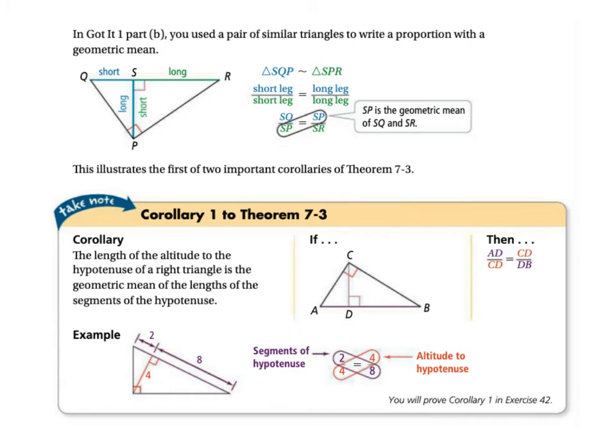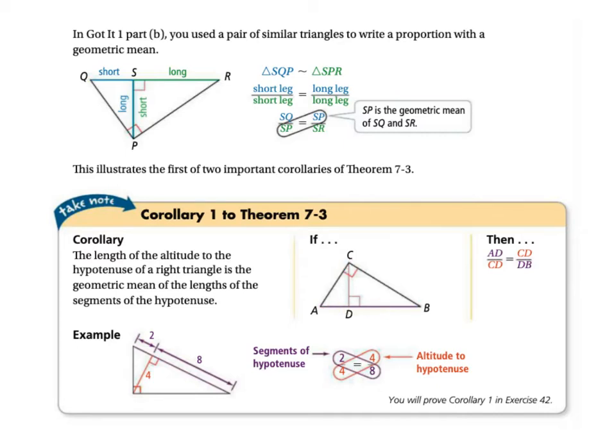So that illustrates the first of two corollaries. It's theorem 7-3. It says the length of the altitude to the hypotenuse of a right triangle is the geometric mean of the lengths of the segments when you drop that altitude. So the hypotenuse of the big triangle is split into two segments, AD and DB, when you drop that altitude.